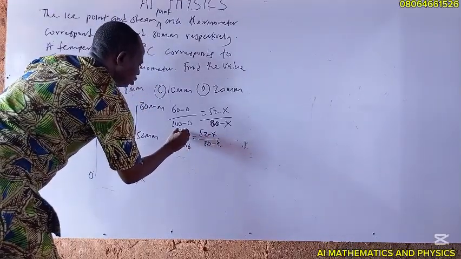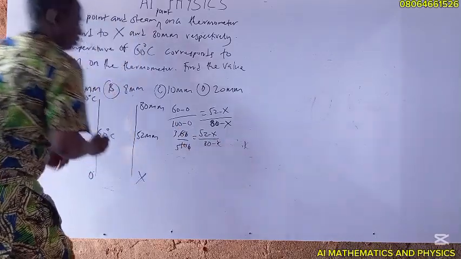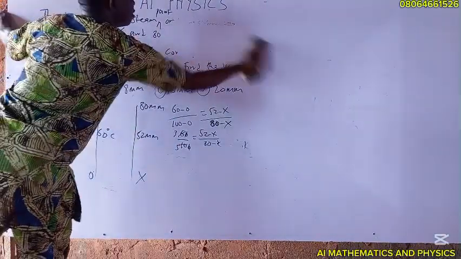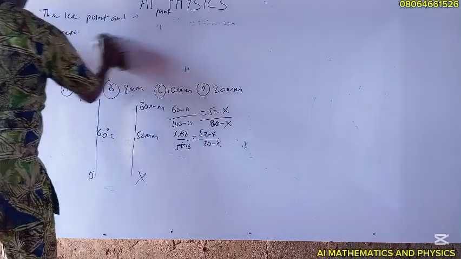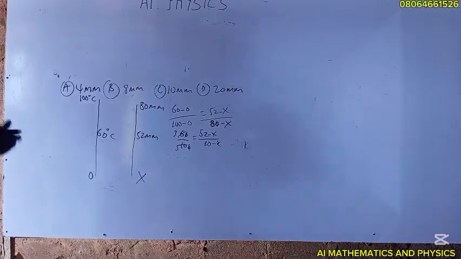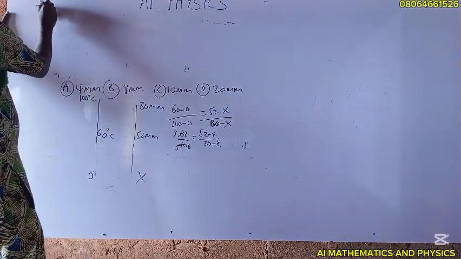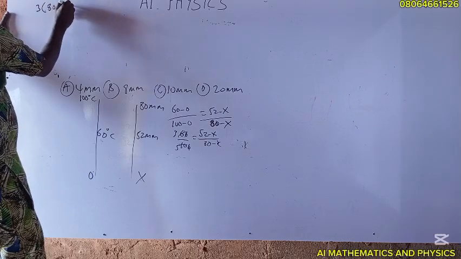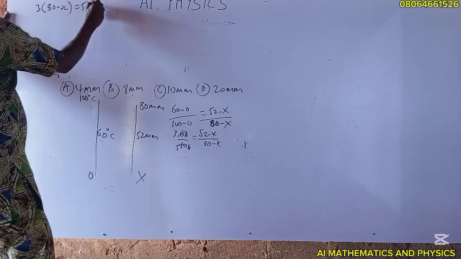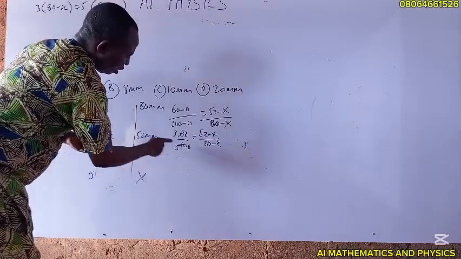This one is 60 over 100 equal to 52 minus x over 80 minus x. This counts this. 2 here, 3, 2 here, 5. Then we cross multiply, 3 times 80 minus x equal to 5 times 52 minus x, because we have already divided this one. 3 over 5.